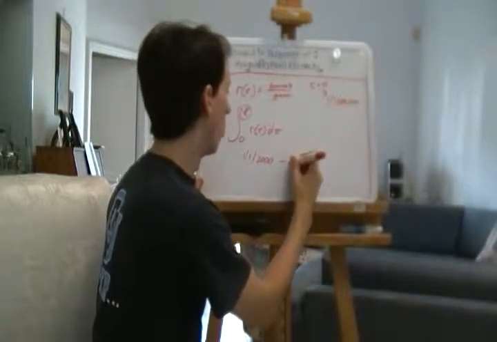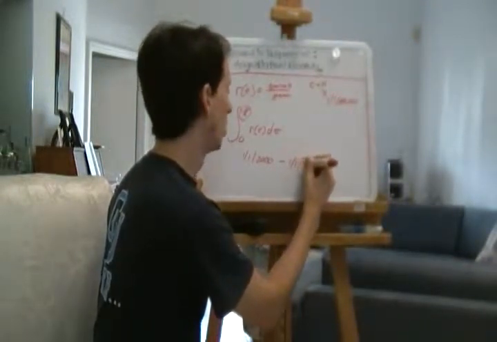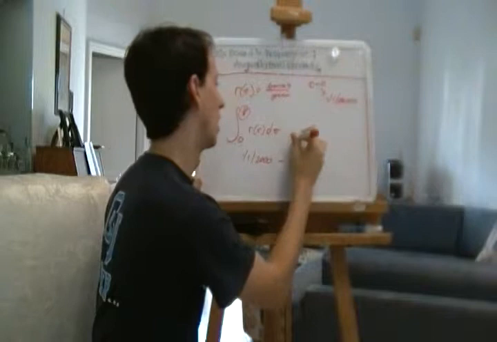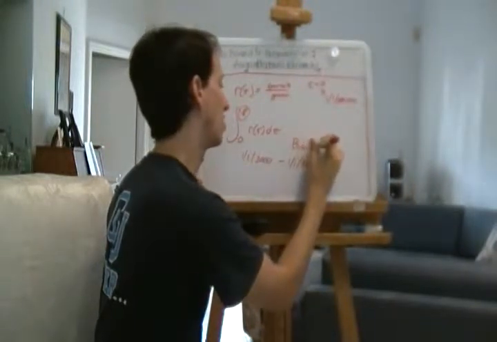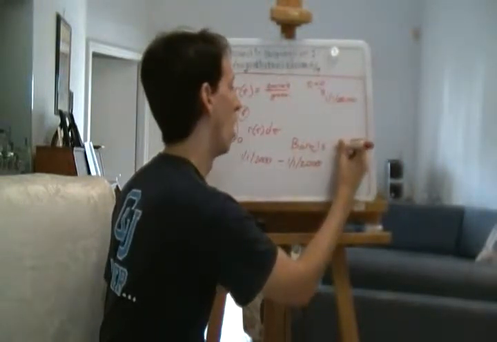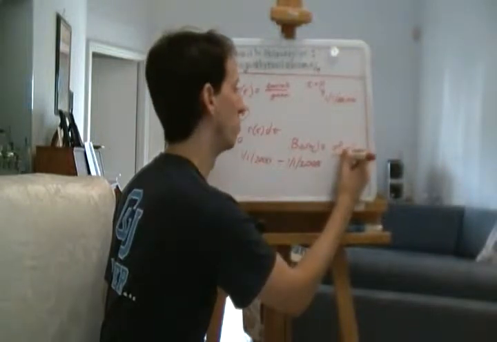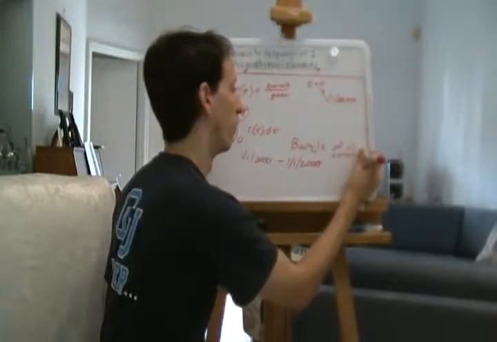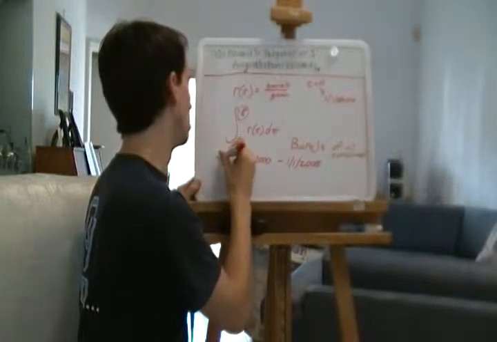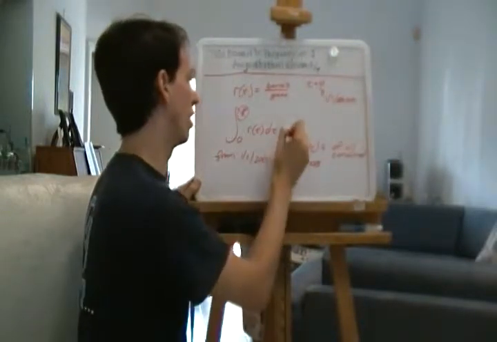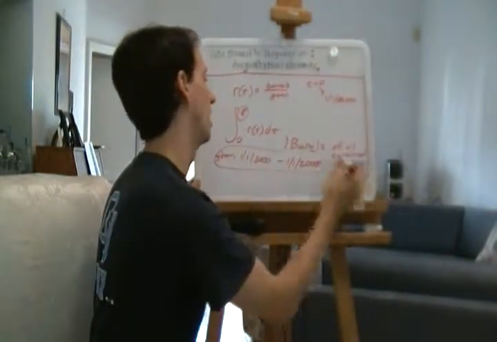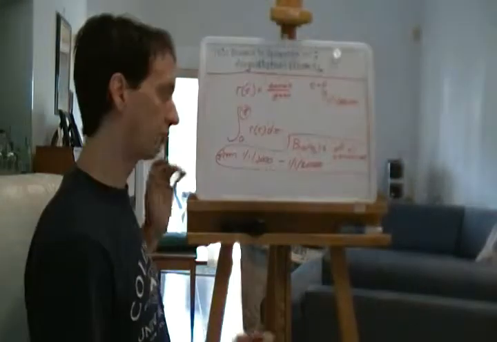So, from 1/1/2000 to 1/1/2008. And that gives us our final answer. Barrels of oil consumed from January 1st, 2000 to January 1st, 2008. That's what that integral is really telling us.